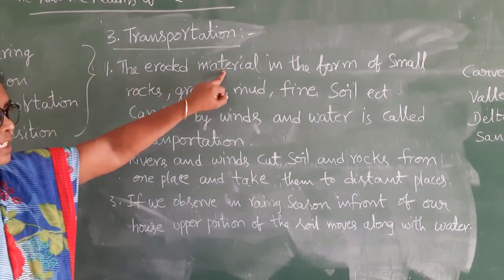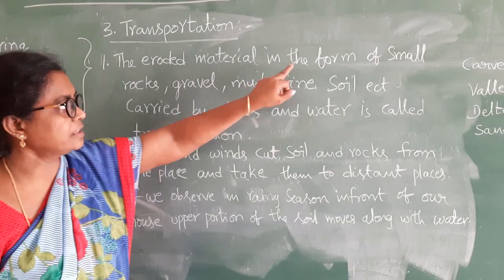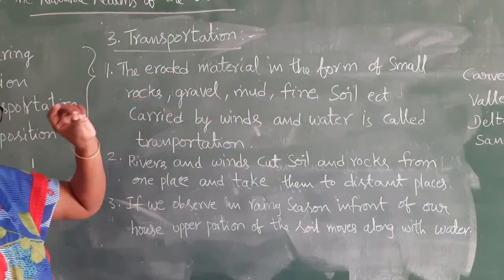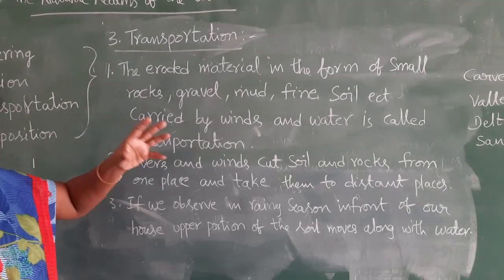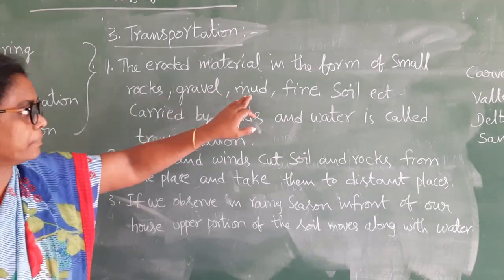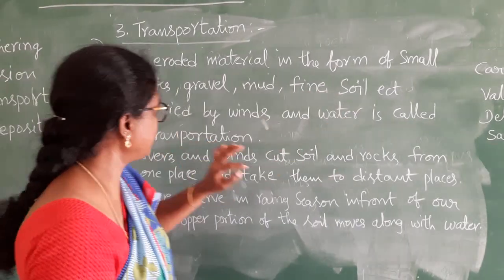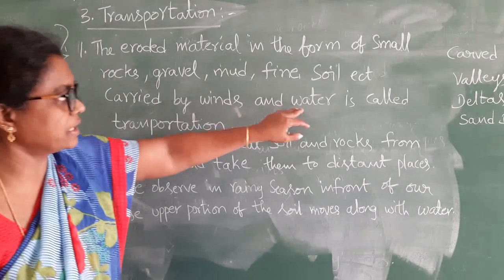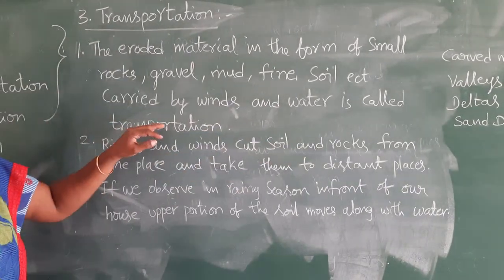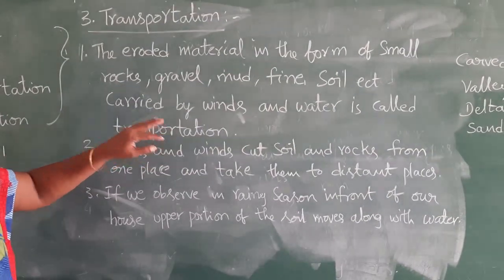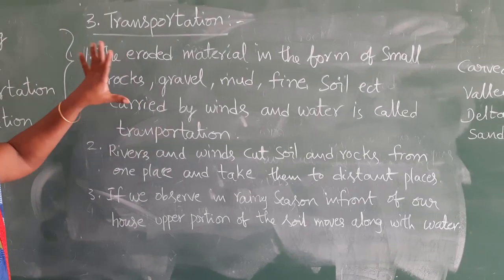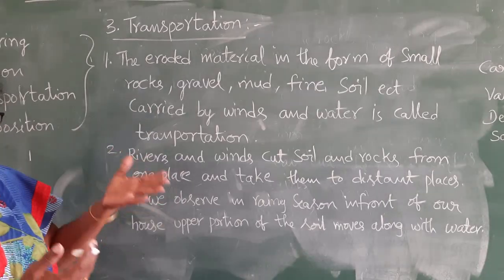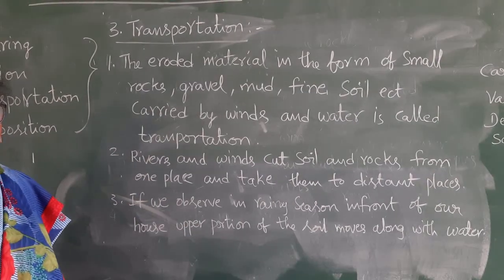The eroded material in the form of small rocks or pebbles or sand, also gravel, mud, fine soil, etc., carried by winds and water is called transportation. This process we can see everywhere, even near our houses.